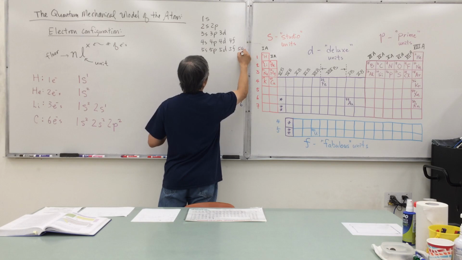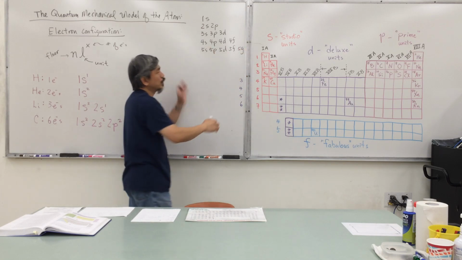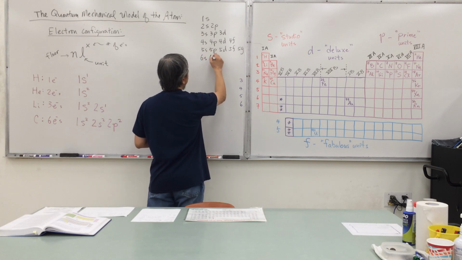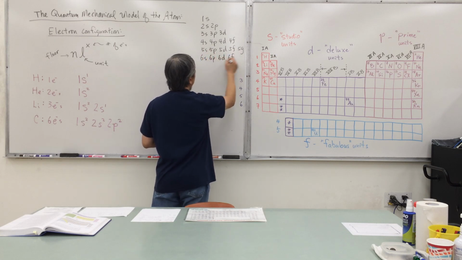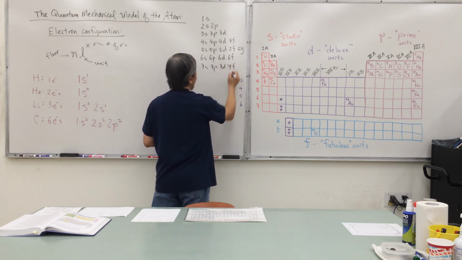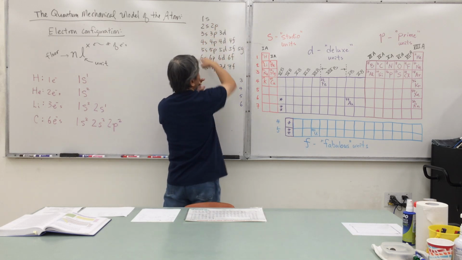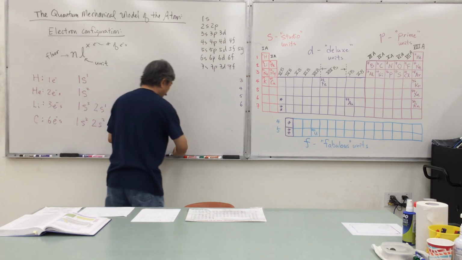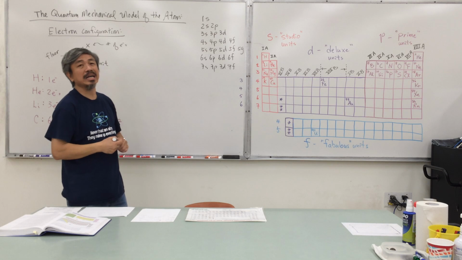The next one, of course, is g. So it turns out once we get to f, we don't actually need any more, so we can stop at f. And then 6s, 6p, 6d, 6f, 7s, 7p, 7d, 7f, and so on. So you can imagine going on. It's kind of like a little triangle shape.